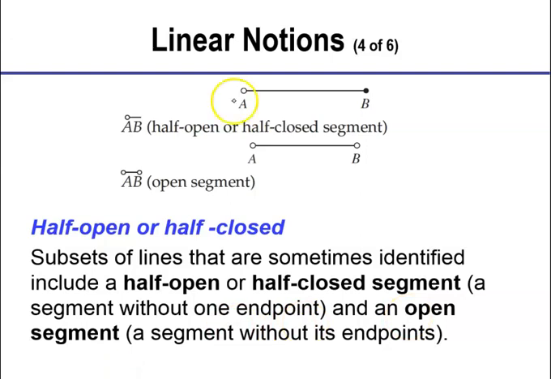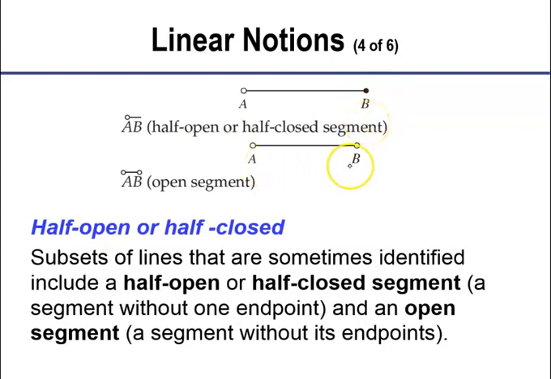So look at the first segment that's listed above. That is considered half open because the point A is not part of the line segment. The point B is. So when you see a circle not filled in, that means that point is not included. On the other hand, B over here with the circle filled in black, that point is included on this line segment.